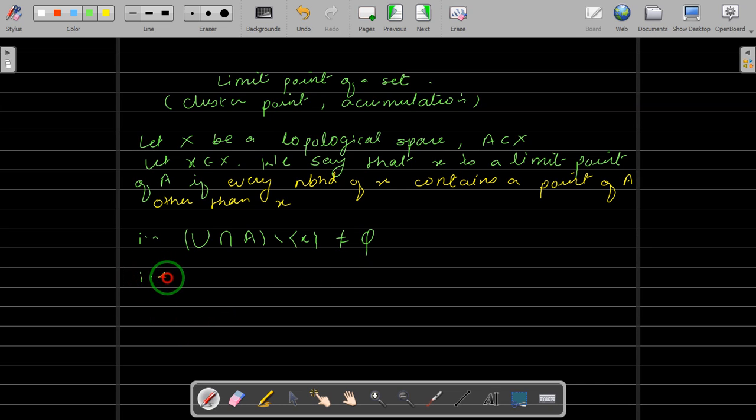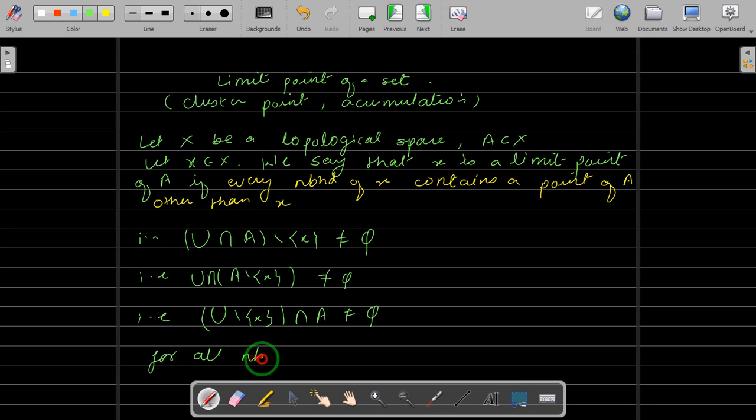That is, you take a neighborhood, remove the point x, then take the intersection with A, and this will be non-empty. It's one and the same. And this should hold for all neighborhoods U of x.